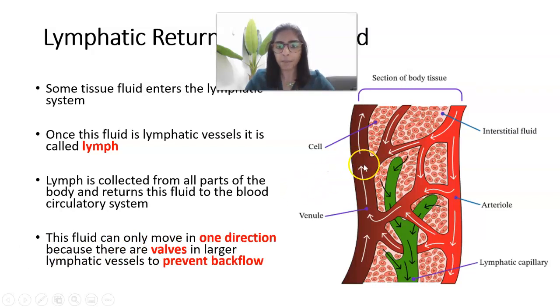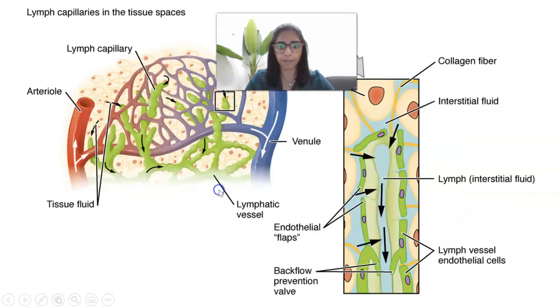The fluid that moves through the lymphatic system, remembering that it's now called lymph, gets squeezed along, and it only gets pushed in one direction. You can notice that from the arrows here. And the lymphatic system also has valves in it. And remember, the function of valves is to prevent the backflow of blood.